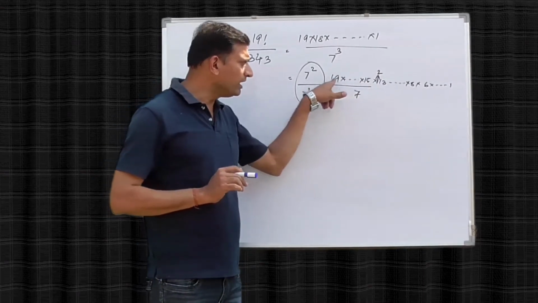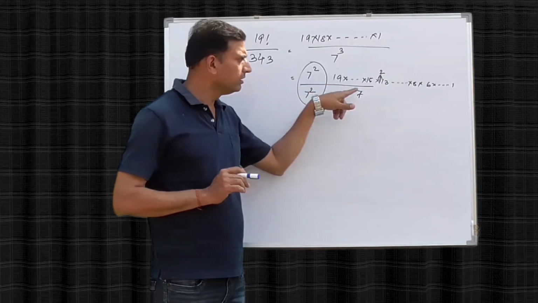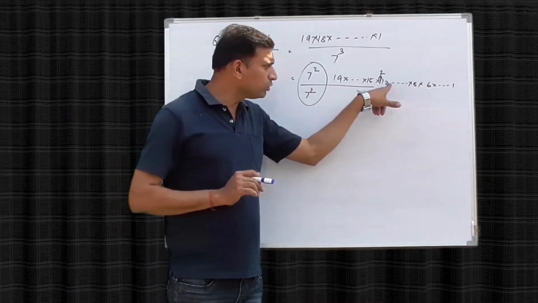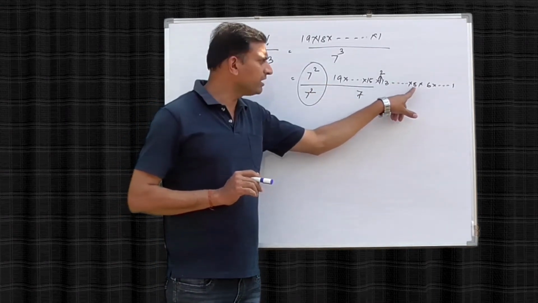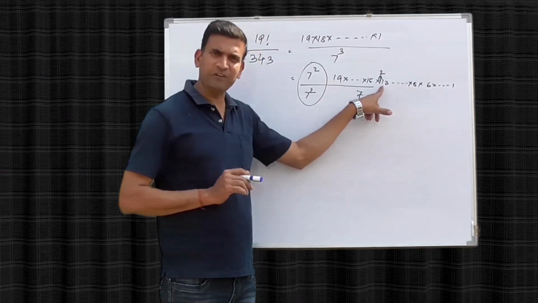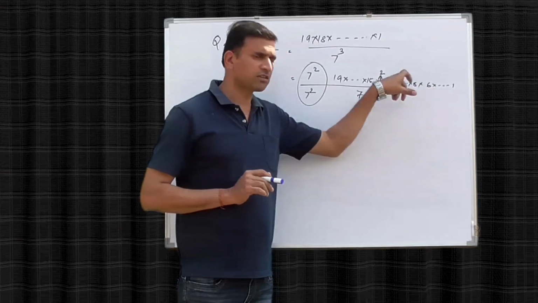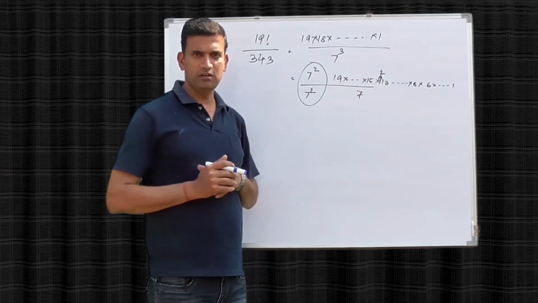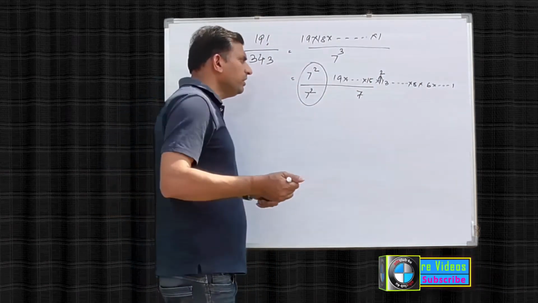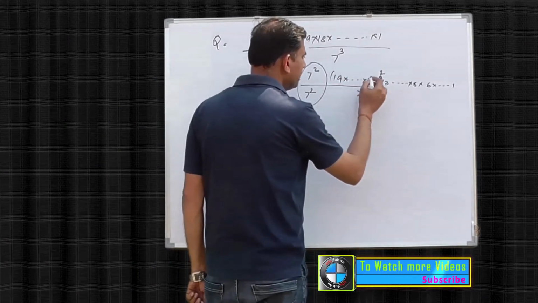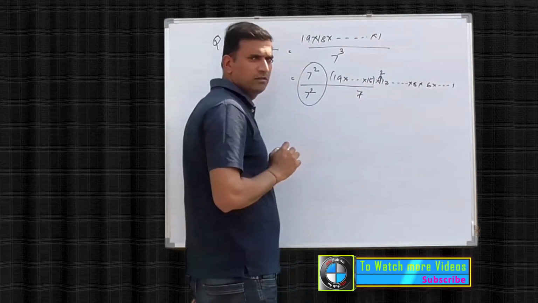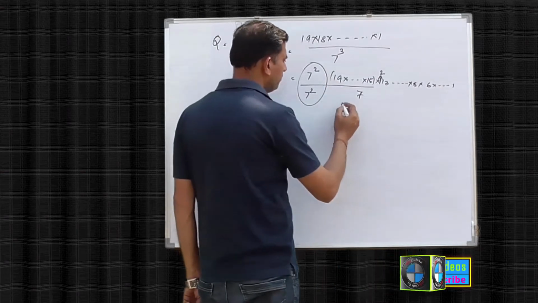So here from 1 to 5, this is 5 factorial. Again from 8 to 13, again remainders are 1, 2, 3, 4, 5, again 5 factorial. And now from here 1 to 6, we are having 6 factorial. So what we are having here, from 19 to 15, we are having 5 factorial.